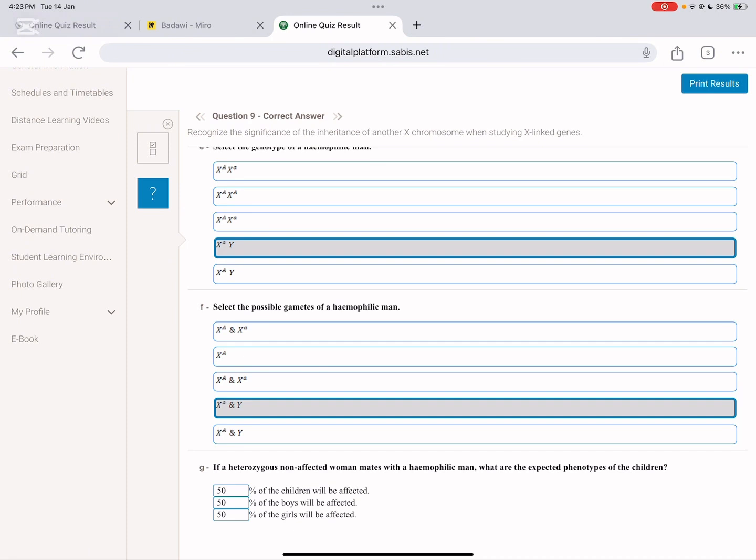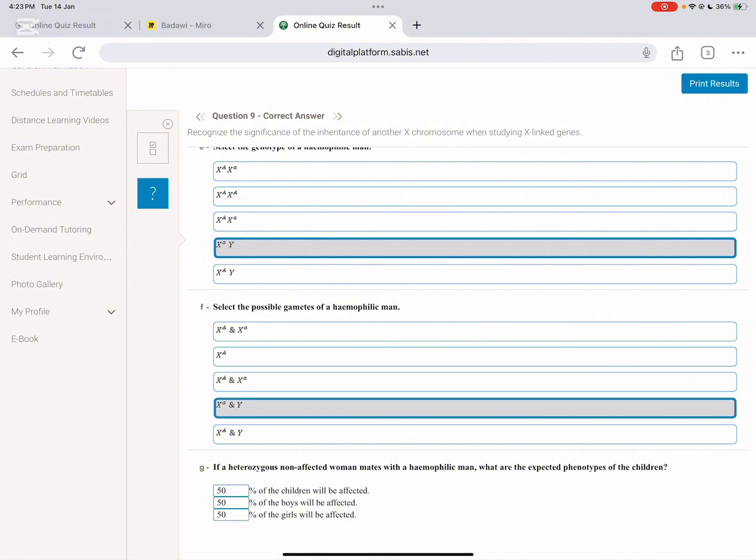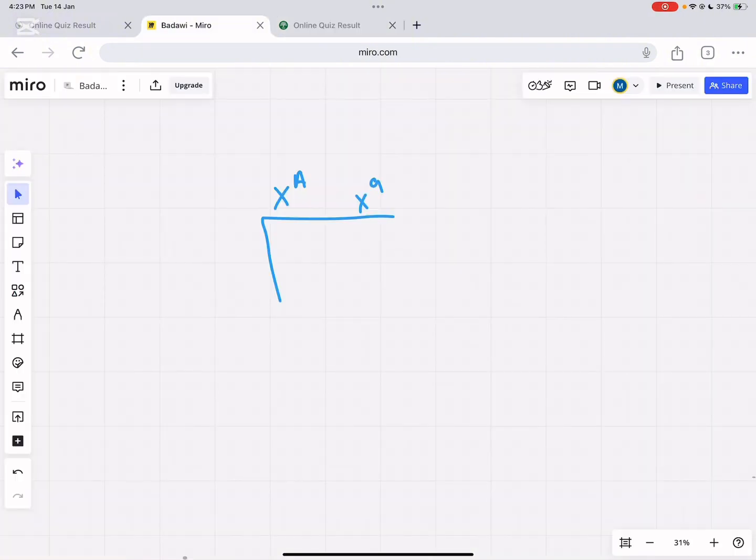Now, a heterozygous non-affected woman, so she's going to be XA and Xa, mates with a hemophilic man, so he has XaY. What are the genotypes I will get? I will get XAXa, XaXa, XAY, and XaY.